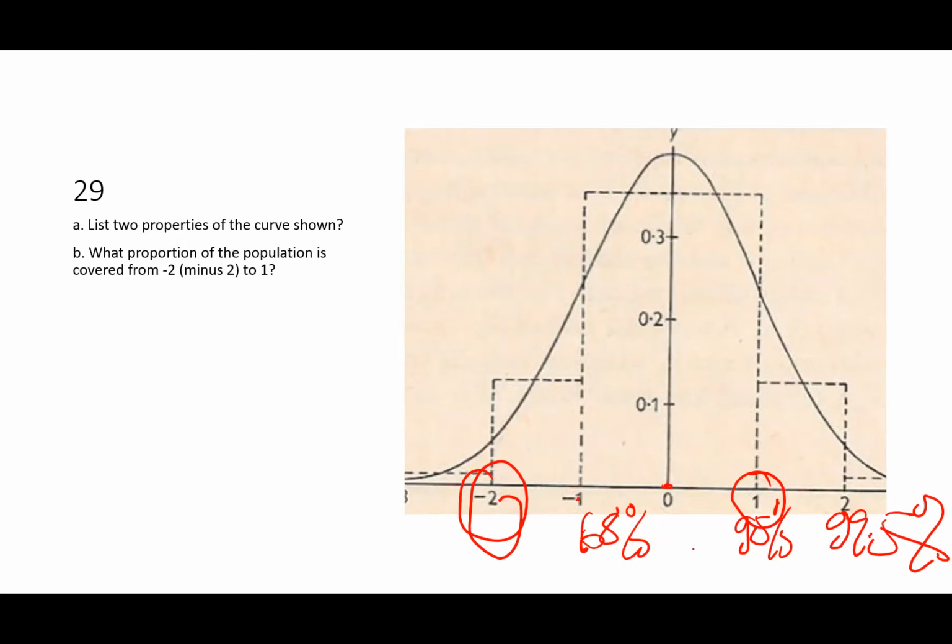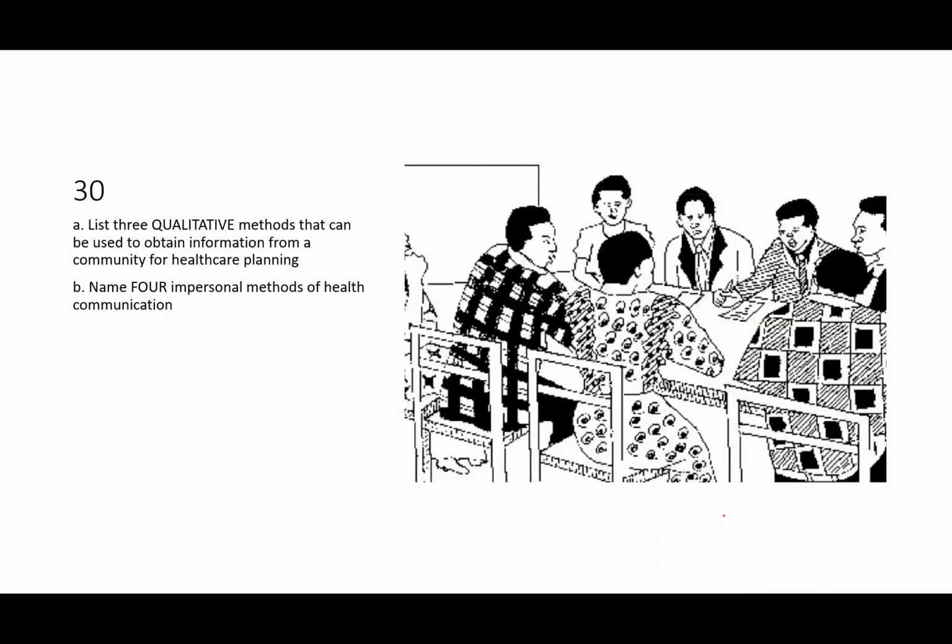It's usually less than 97%. Now, when you see this question, the most important thing you should know is that it's a symmetrical, dome-shaped graph.